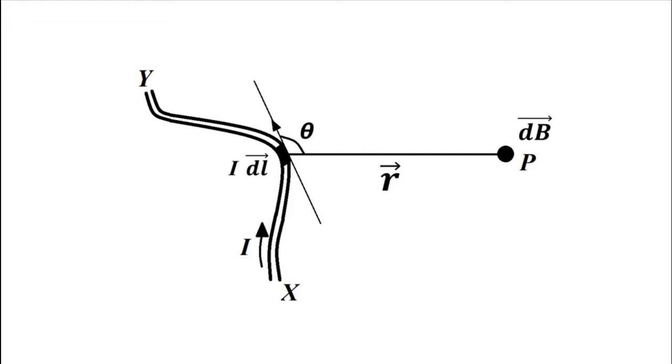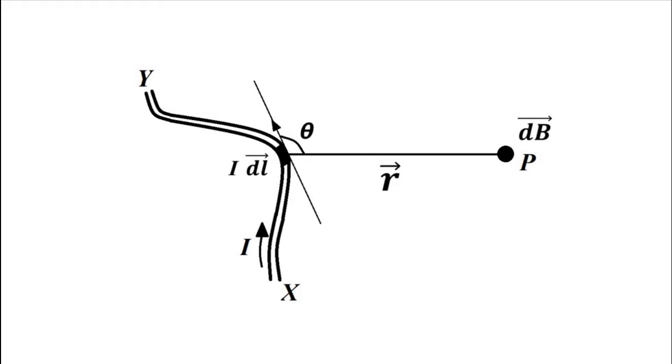Now each current element contributes a small portion of magnetic flux density dB vector, and when we sum together everything, the effects of small current elements from X to Y together give the whole magnetic flux density.